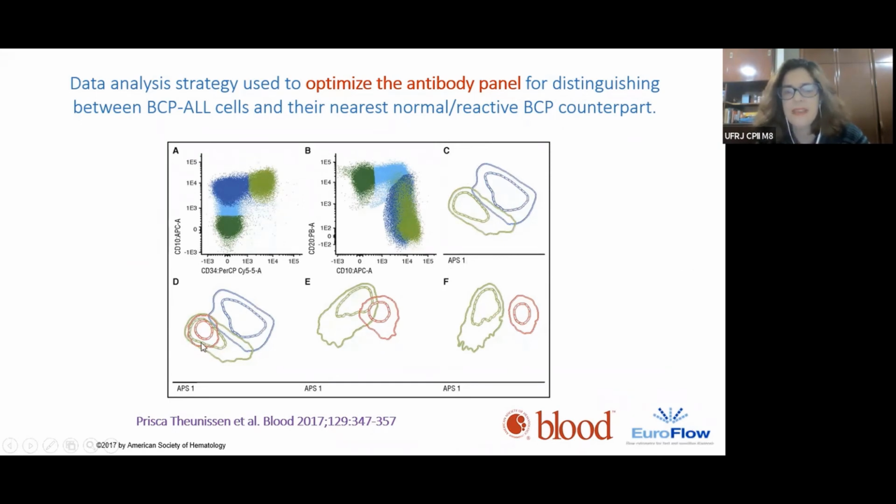If my case is similar to the more immature ones, I can take out the other B precursors and run again a principal component analysis, comparing my blasts with normal cell precursors.